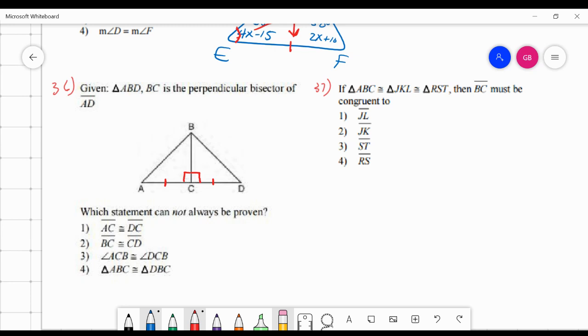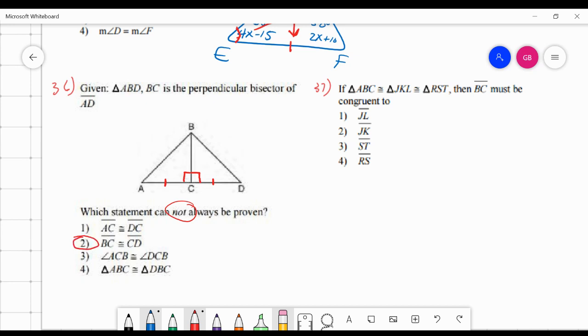And then we also know that BC is congruent to itself. Now let's check. Is AC congruent to DC? Yes, that's true. We want to be looking for not. Is BC congruent to CD? That's the one that cannot always be proven.